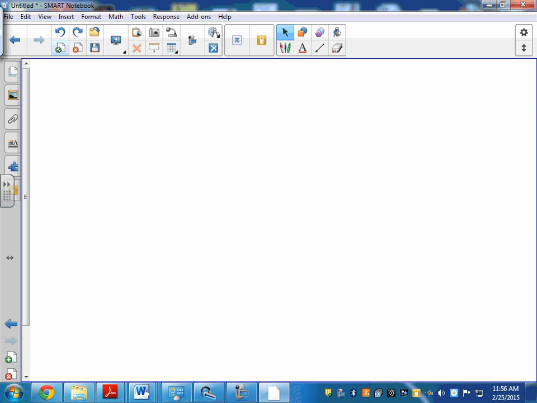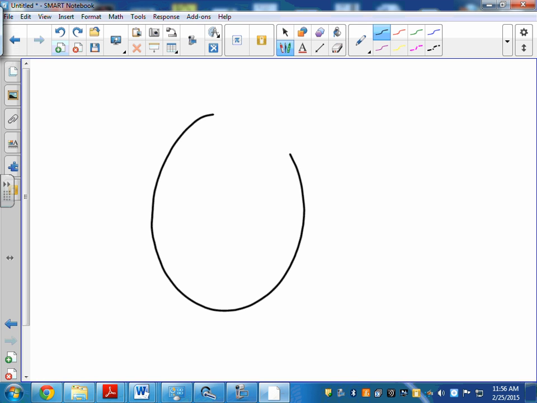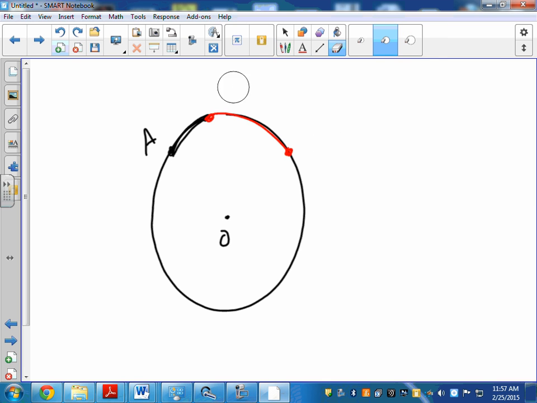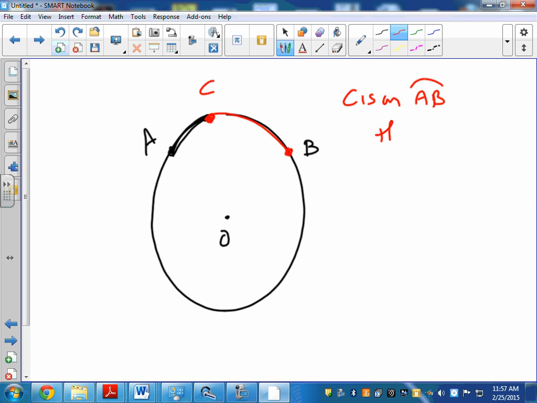We have the arc addition postulate, which I think is sort of intuitive. Here's a circle, here's the center, and we have an arc, say A to B. So there's an arc, and then we have another arc going, say, from B to C. The arc addition postulate says that if C is on arc AB, then we can add these together.